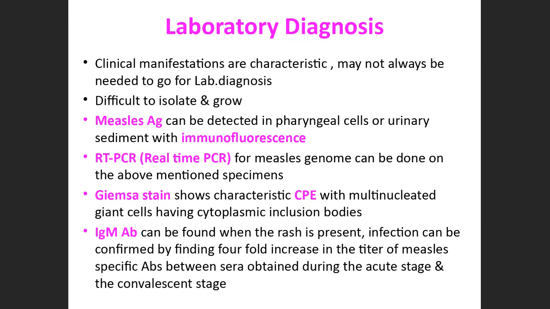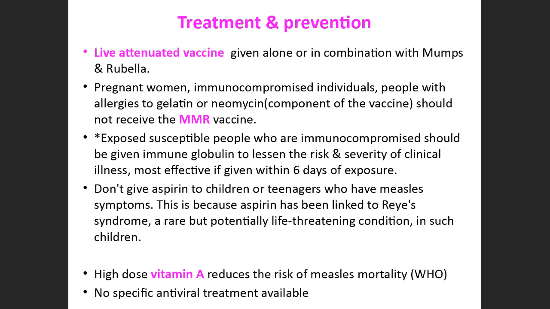Infection can be confirmed by finding a fourfold increase in the titer of measles-specific antibodies between the acute stage and the convalescent stage. What is the convalescent stage? Anyone? Yes, you're right.